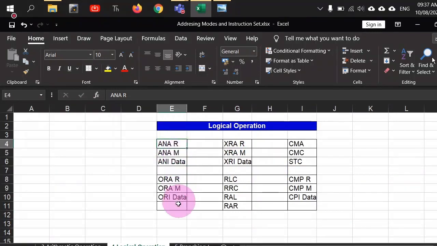Then there is the OR operation, available by the name of these cousin commands. Then there is NOT, given by the CMA command, or complement the accumulator command. So AND, OR and NOT gates are available, and together with that, one additional gate called XOR is available, by the name of XRA and its cousins.